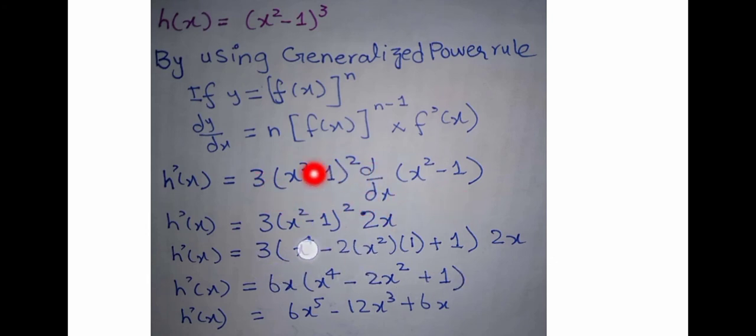And then we simplify it. We apply the formula (a minus b) whole square, and we get this, and by multiplying we get 6x raised to power 5 minus 12x cubed plus 6x.